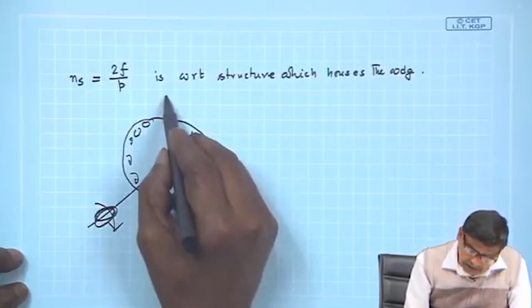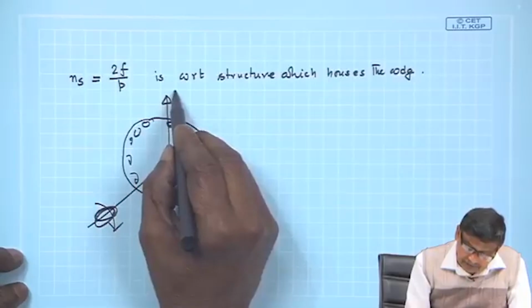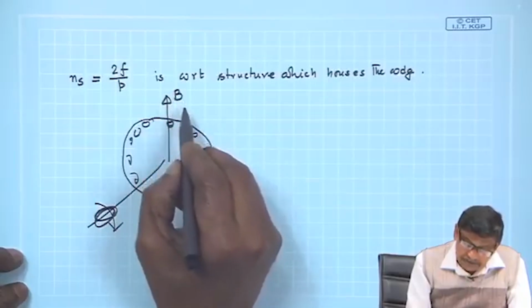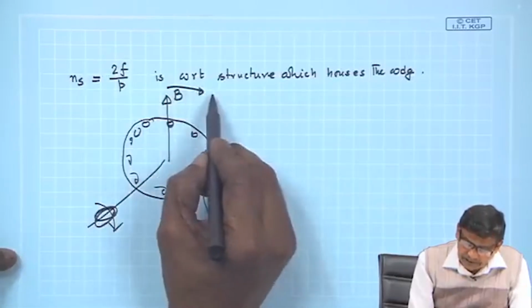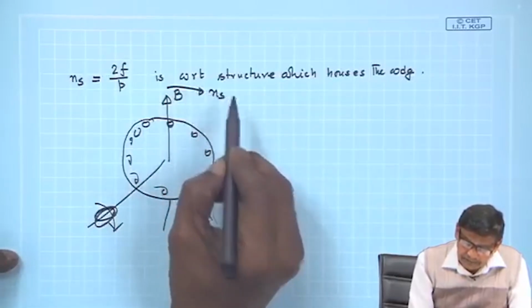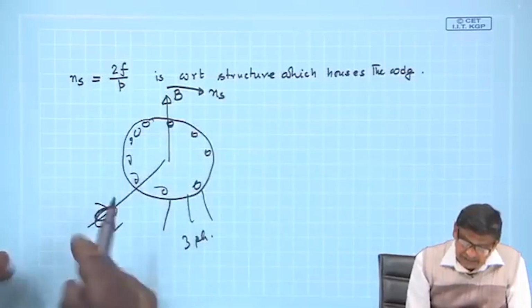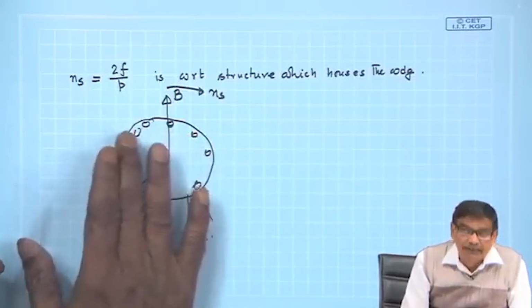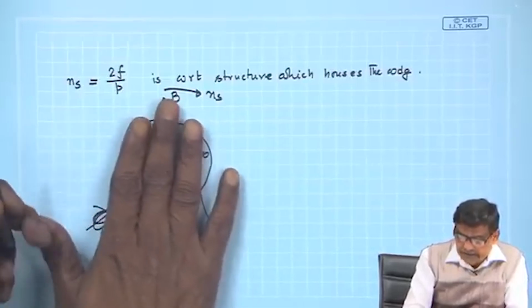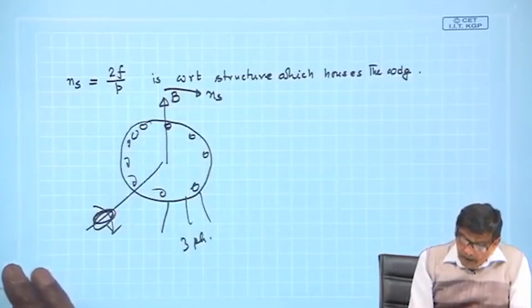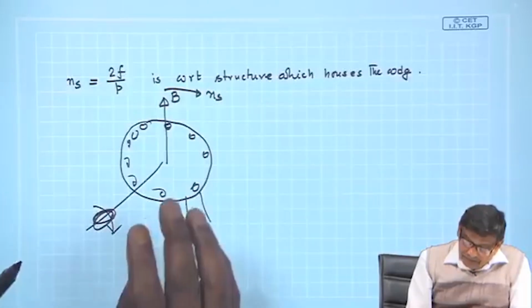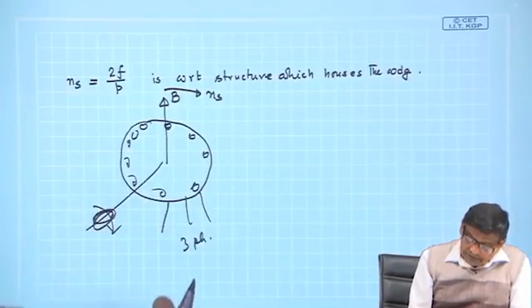You know a rotating field results, B resultant, and it moves, suppose in this direction with Ns. Now, this Ns is with respect to the coils or stationary structure which houses the coil. Now, what is the meaning of that?